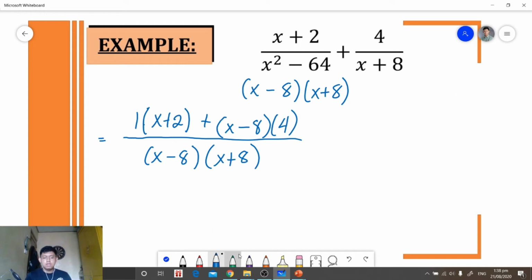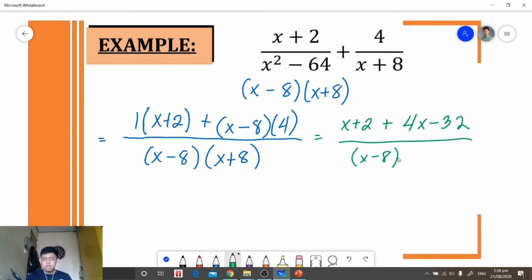Then now let's proceed to simplifying our numerator. We will have x plus 2 plus 4x minus 32, then all over the quantity of x minus 8 times x plus 8.